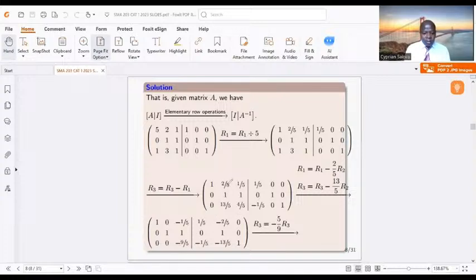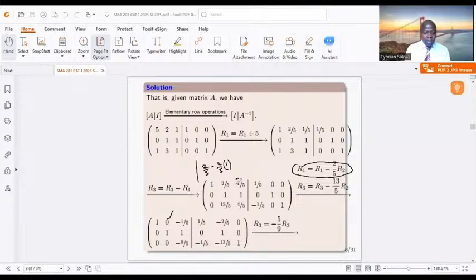Now, at this point, I'm using row 2. I have row 1. The element in row 1 is 2 out of 5 minus 2 out of 5 of the element in row 2, which is 1. So that gives me 0 here. Now what about here?